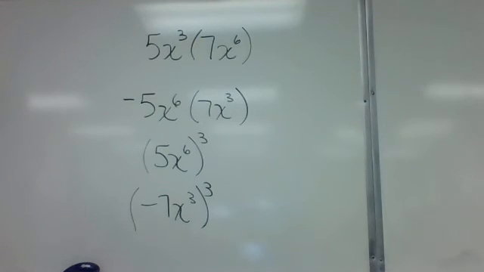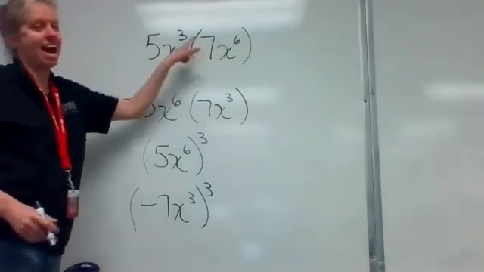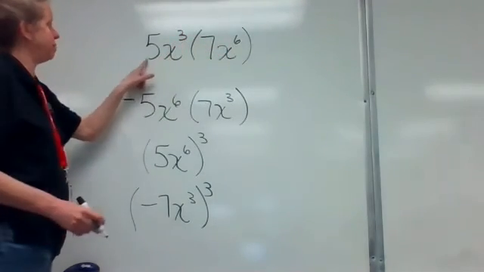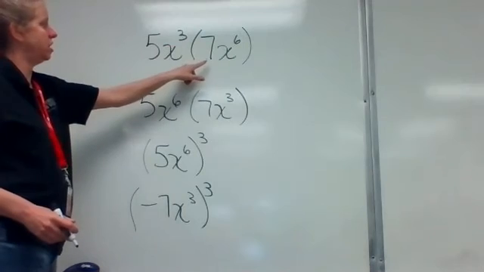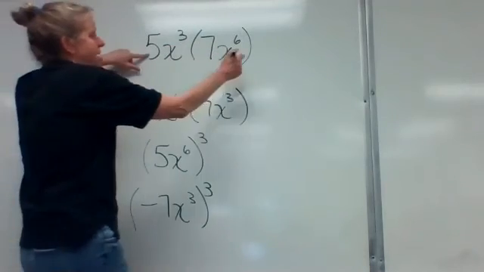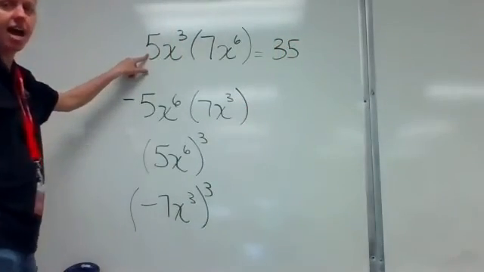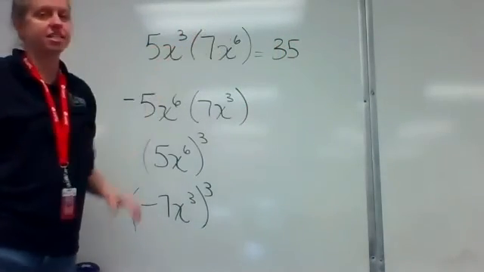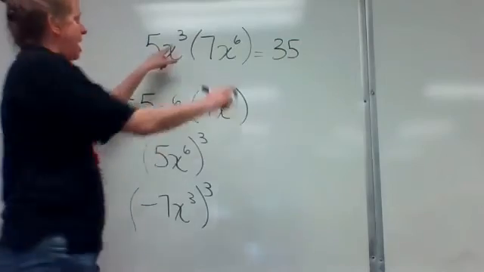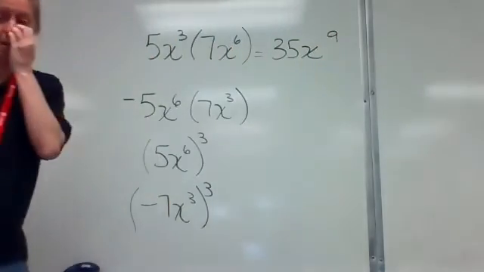All right, the first two are going to be multiplying, so we're going to add those exponents. So I've got positive 5, x to the third, times positive 7, x to the 6. So let's see, positive 5 times positive 7 gives me 35, x to the third times x to the 6. So I'm multiplying, so I'm going to add those exponents to get x to the 9th.